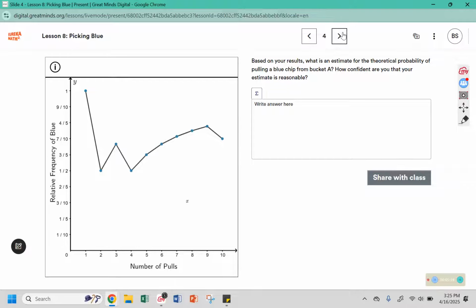It says, based on your results, what is an estimate for the theoretical probability of pulling a blue chip from bucket A? And how confident are you that your estimate is reasonable?